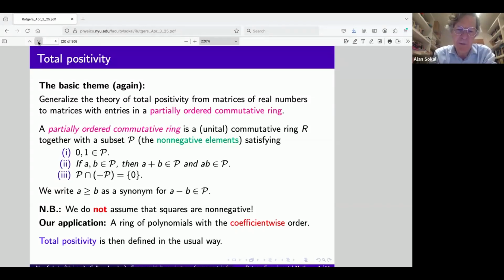Another thing you can do for real numbers is that the reciprocal of a positive real number is a positive real number. In a polynomial ring, you can't take reciprocals. So there are lots of things that may or may not carry over in the theory of total positivity to partially ordered commutative rings. It turns out some things do and some things don't.